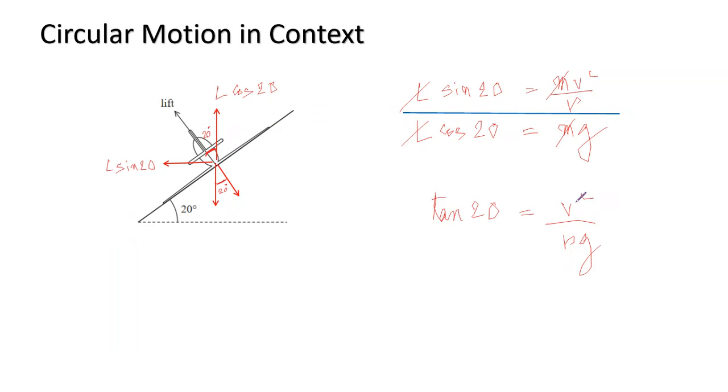So let's say if you had to calculate the radius or the velocity, you can substitute the values into this equation. Again, the most important part was identifying the angles. A lot of people struggle with this question because they couldn't identify these angles.